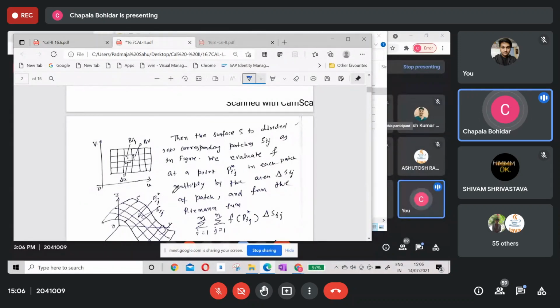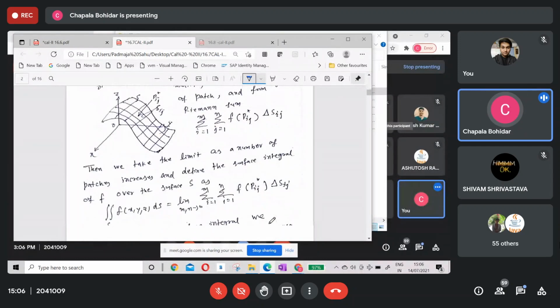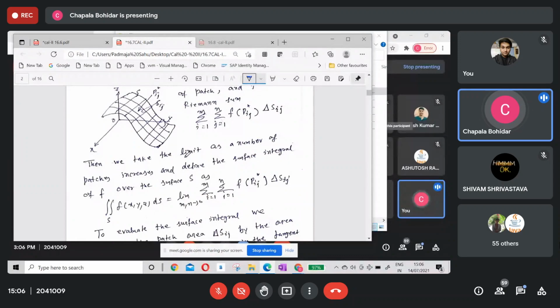Using the Riemann sum, the total is the summation over i from 1 to m and j from 1 to n of f of Pij star times del Sij. When the number of divisions m and n tends to infinity, we get the integral of f over the surface S, dS.